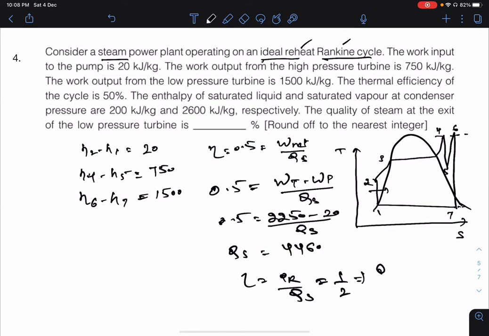So QR will come as 2230. So I can write QR will be in this condenser, that is H7 minus H1 is equal to 2230. So H1 we have to find out.